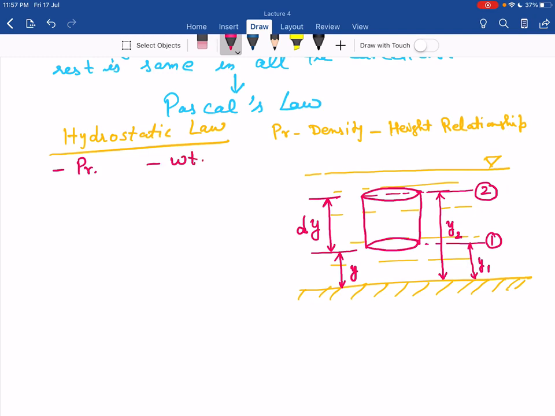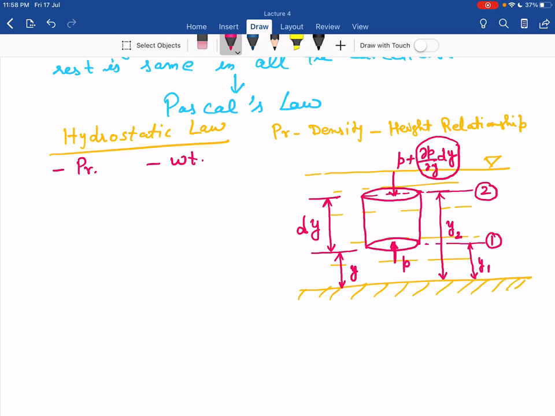Now let us say P is the pressure intensity acting on the bottom face, and on the top face the pressure intensity is somewhat higher than this P, that is P plus ∂P/∂y into dy. The meaning of this ∂P/∂y dy is that there is a small increment in P with respect to direction y.